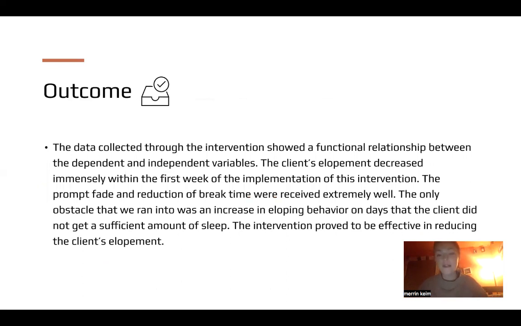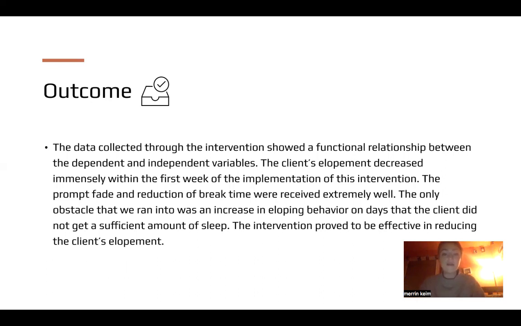The outcome for this intervention was that there was a functional relationship between the dependent and independent variables. The intervention did prove to reduce the elopement behavior. Within the first few weeks of implementation, there was already a clear decrease in the behavior of elopement.